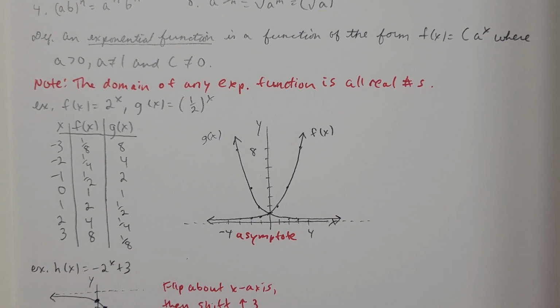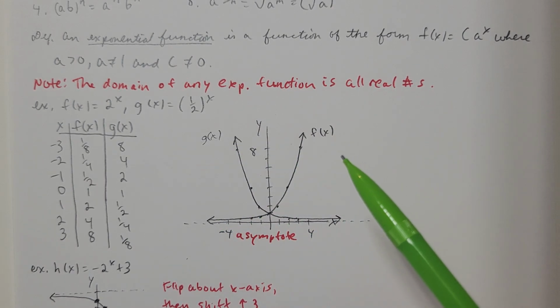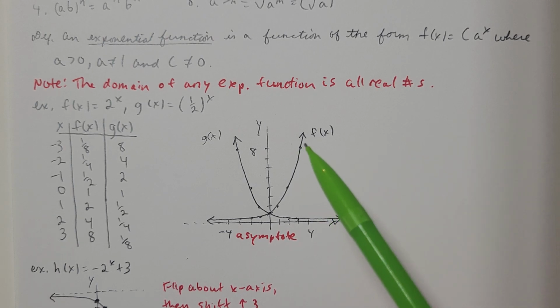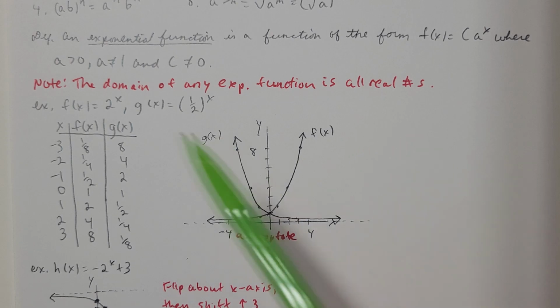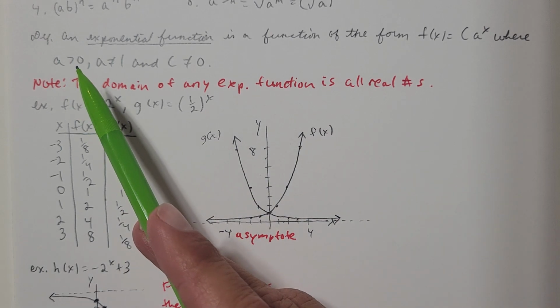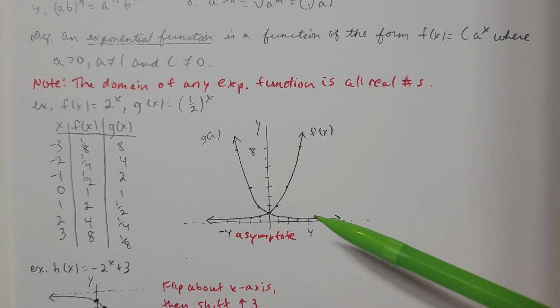So now any function y equals a to the x is going to look like f of x or g of x. If a is a number bigger than 1, it's going to look like f of x. And if a is a number that is less than 1 but still positive, because a has to be positive, then it's going to look like g of x.